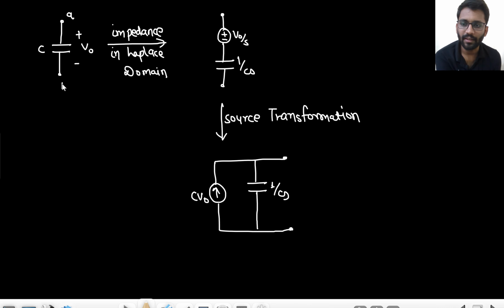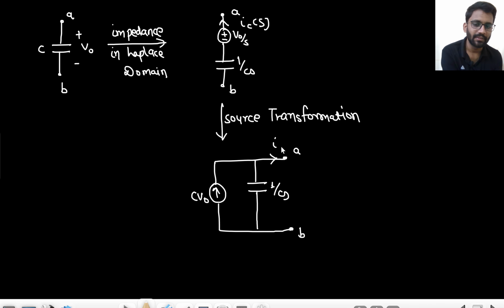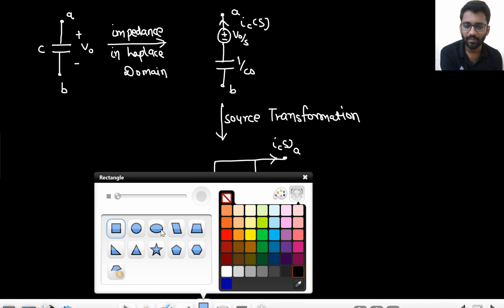If I am telling A, B, this is A, B. And tell me one thing, what will be ICS? This will be ICS, right? This will be ICS, and here as well this will be ICS. What will be VCS? So this complete circle will be VCS.